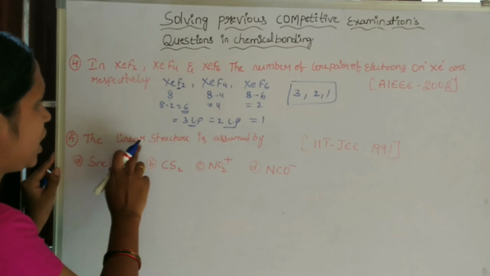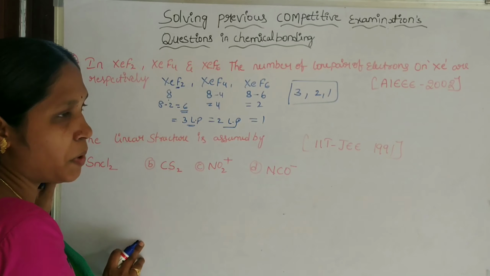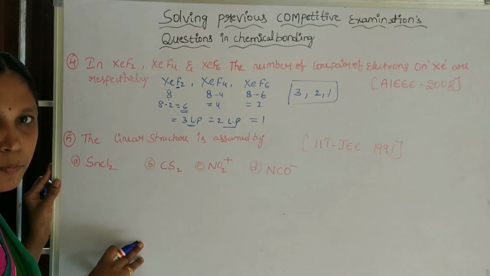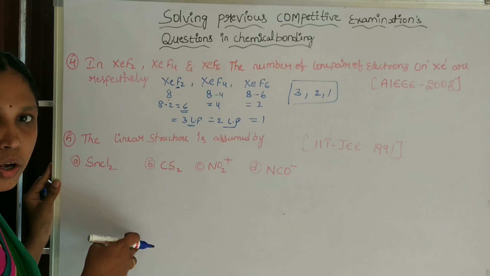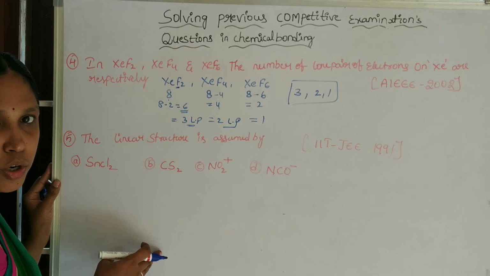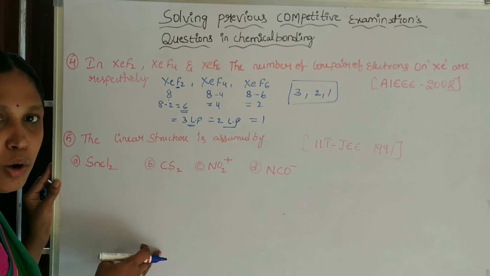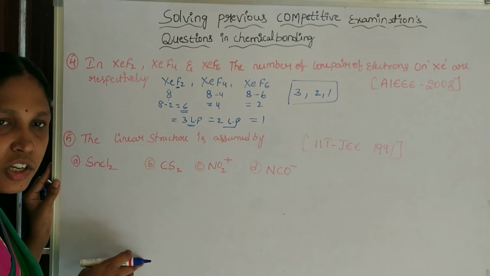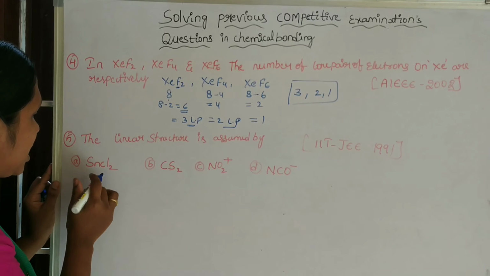And next, the linear structure is assumed by which molecule? If the hybridization is sp, or the molecule has 2 bonded pairs, in that case the molecule shows a linear structure. See SnCl2.